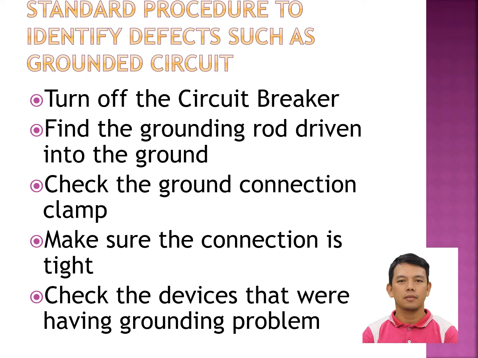First, you have to turn off the circuit breaker and then find the grounding rod driven into the ground. Check the ground connection clamp if it is tightened or has loosened. So make sure the connection is tight, and then check the devices that were having grounding problem.